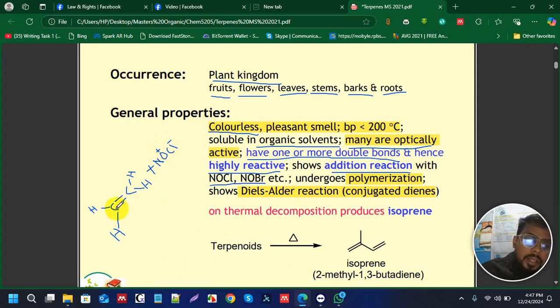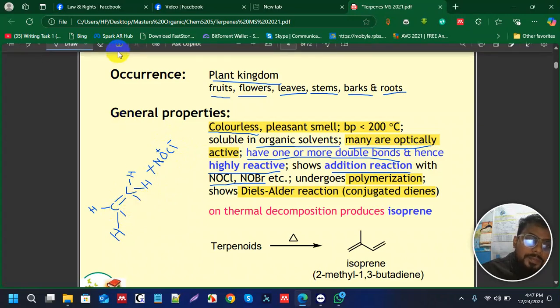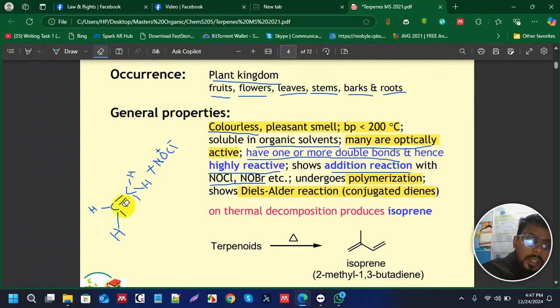If we add this nitrosyl chloride to the carbon-carbon double bond, when a single bond breaks down here, one hand will be free, another one will be free. We remove this bond, and we add here the nitrosyl, the nitrosonium ion.